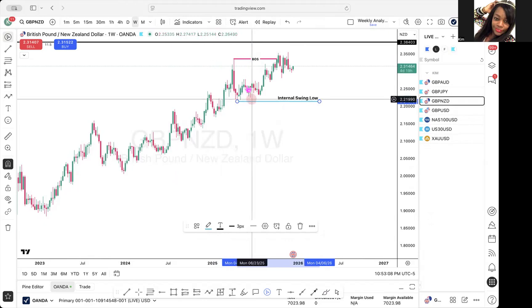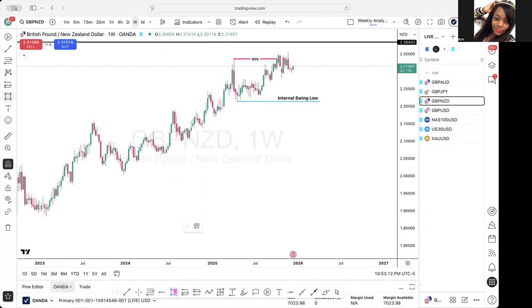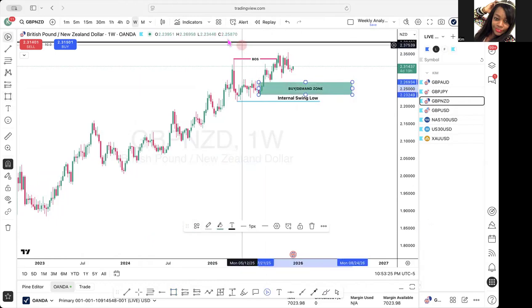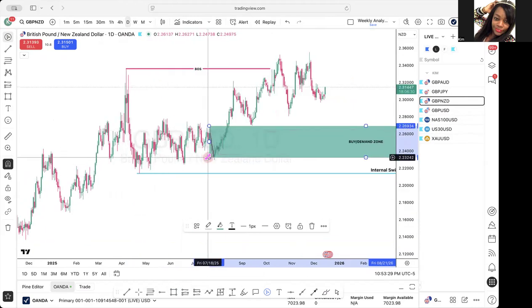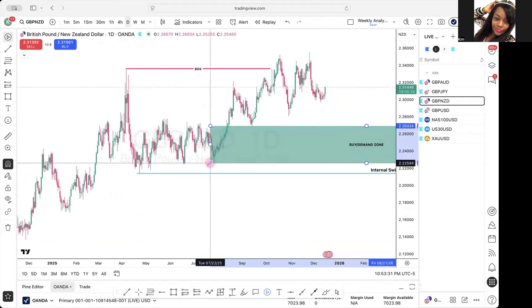So with that being said, my demand zone, here we go. My demand zone is here. All right. So if I go down in time frame, I can narrow that zone down.